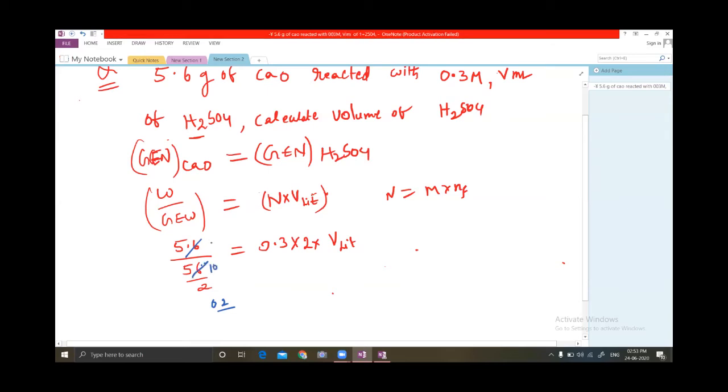Then 2 by 10 means we'll get 0.2. 0.2 equal to 0.3 into 2 into V in liters. Clear? This point and this point you can cancel. Then 2 will be cancelled. Then V liters equal to 1 by 3 liters. What's your doubt, sir?